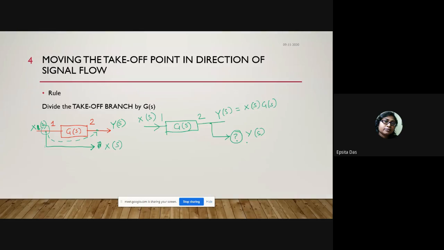But we have to remember one thing here: I can take the takeoff point here, there, wherever, but I should maintain the balance. What is the balance?